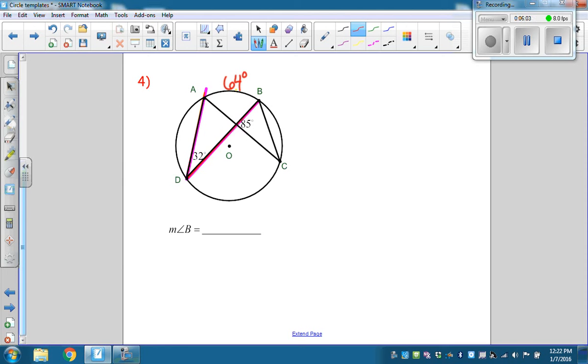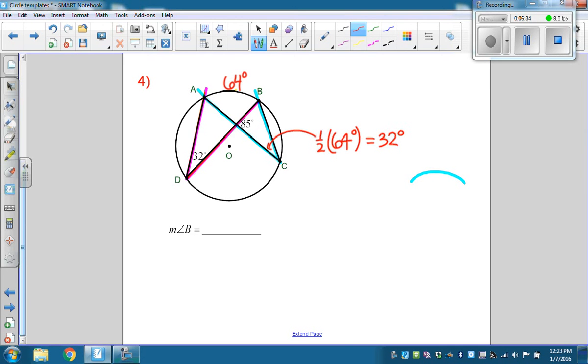That tells me that when I look at this inscribed angle, I'm going to take this arc here and find the angle that goes with it, and that's this angle. This gives me that angle, which is half of 64 degrees, which is 32 degrees.